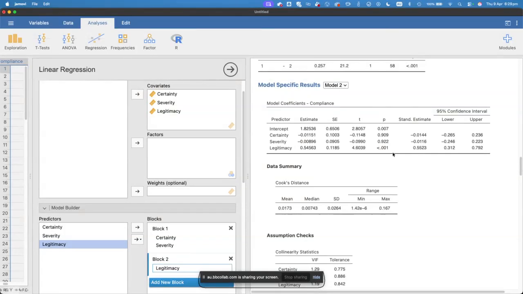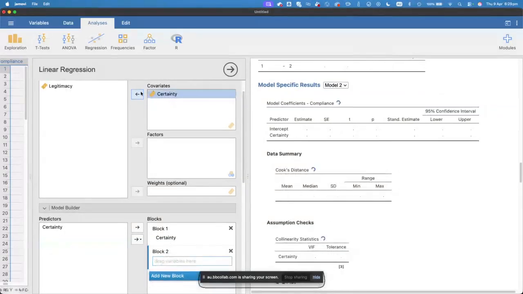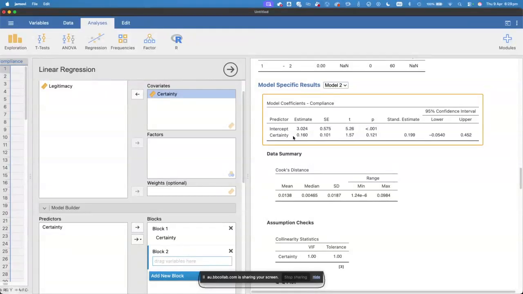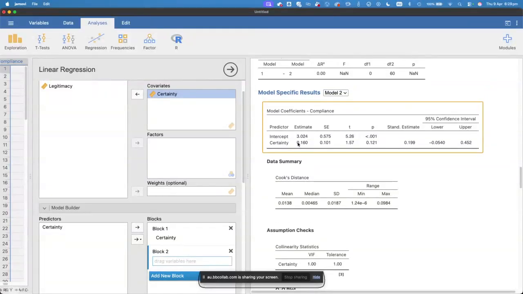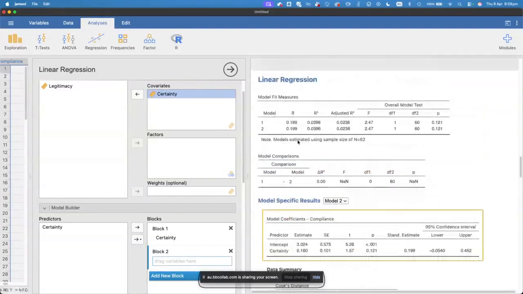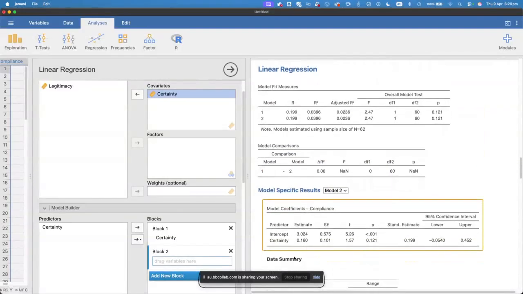But usually when you look at R squared, say in a simple linear regression model, let me pull it out. In this simple linear regression model, Pearson's R is just the correlation between certainty and compliance. And then if you square it, you'll get R squared.